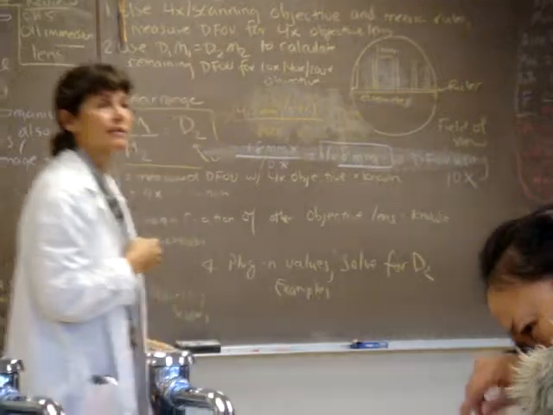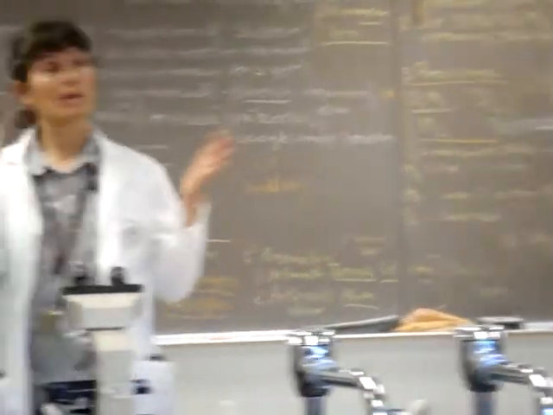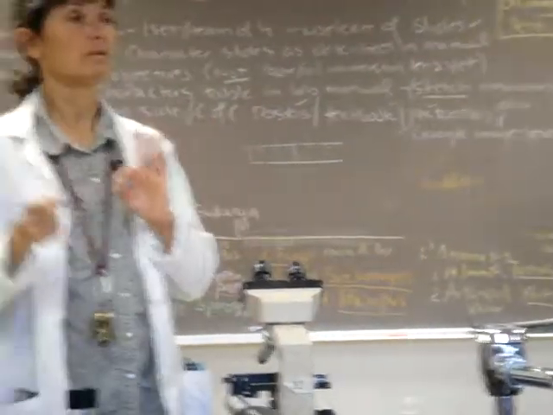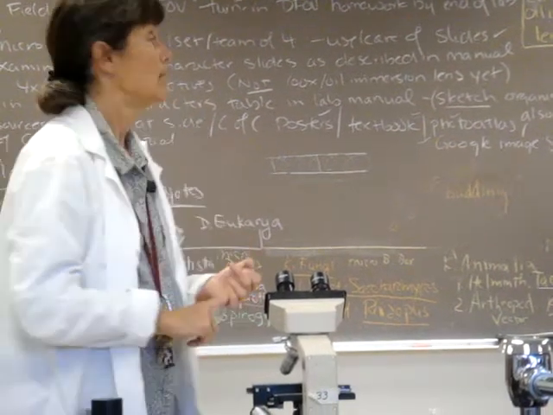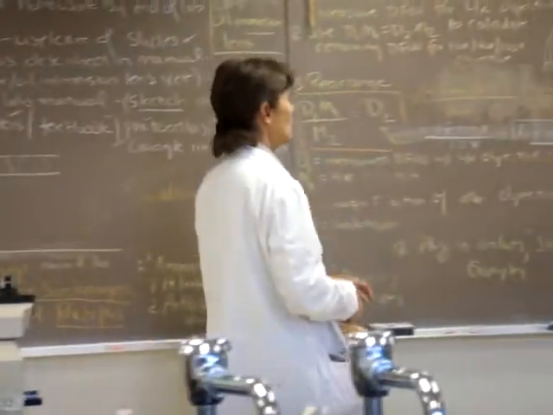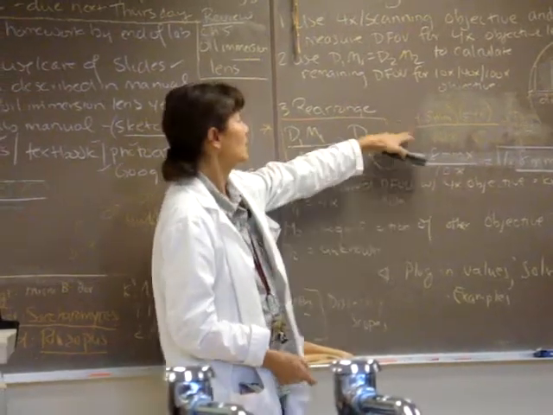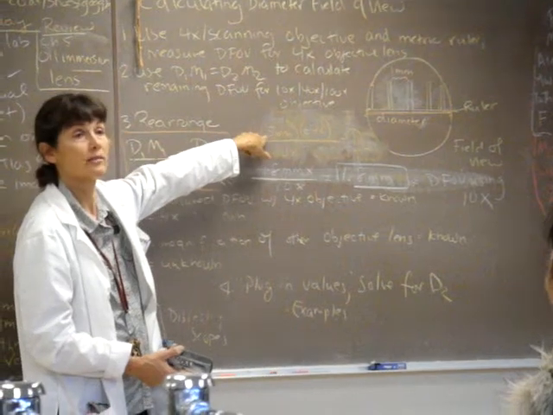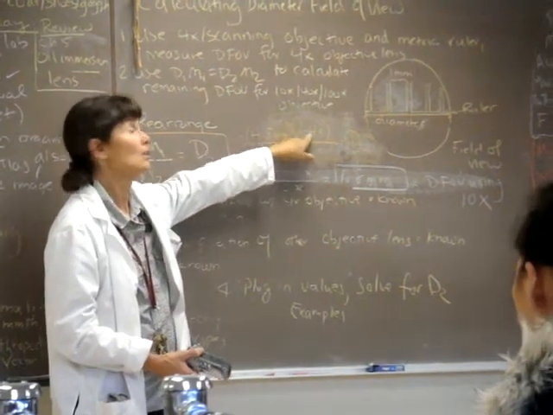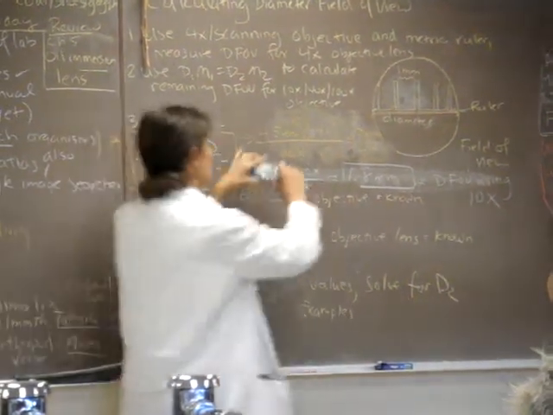All right. How would you calculate the diameter of the field of view using your high dry lens, your 40x lens? Exchange the 10x to 40. Okay. In this equation here, you guys, would I erase 4.5? No. Would I erase 4? No. Would I erase that? Yes. That's what I would change.